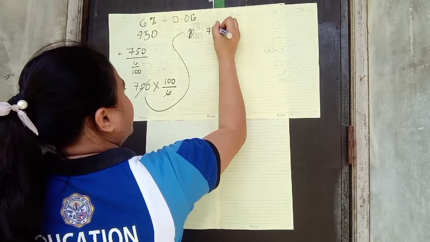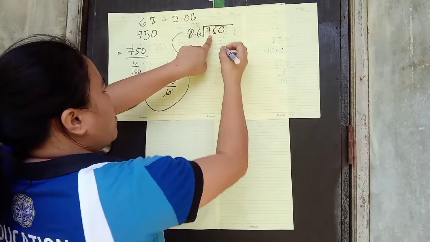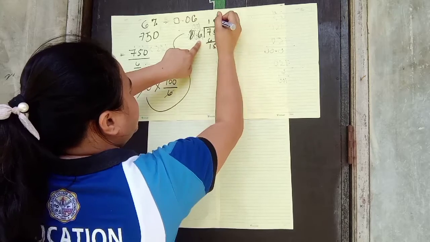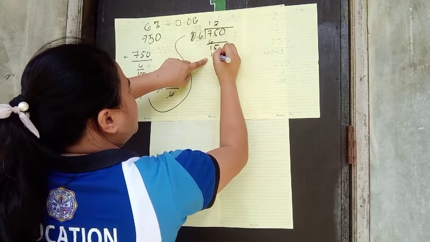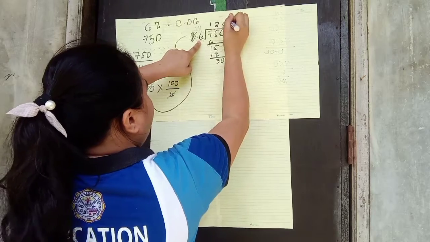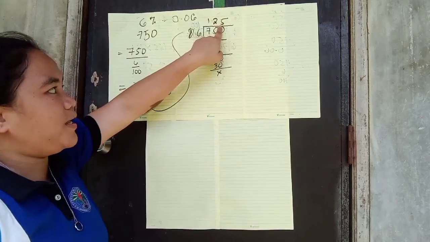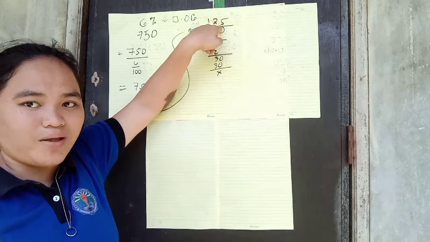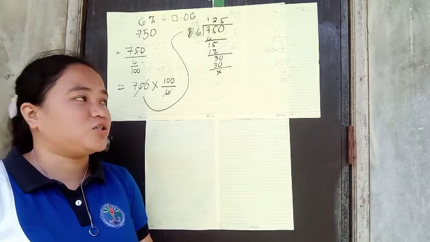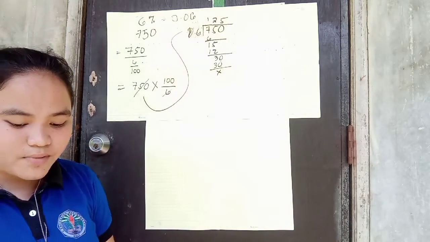So, 750 divided by 6 is 1, 6, and 1, 15. So, 2, 12, 30, and 30 divided by 6 is 5 and 30. So, yan po yung magiging sagot natin, 125. Now, bakit 125? Ang tamang sagot is 12,500. Hindi pa po yan tapos.